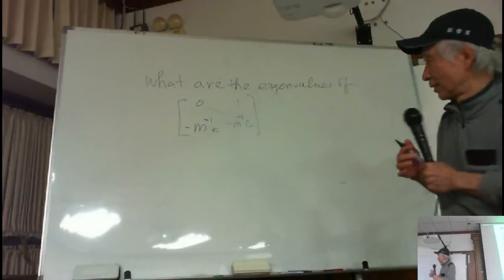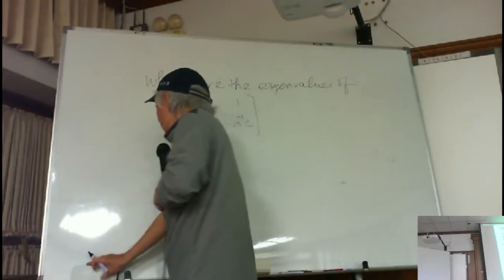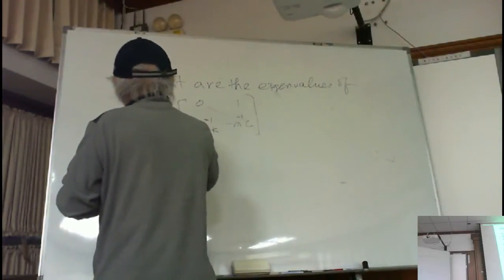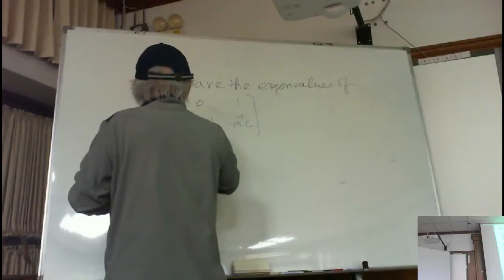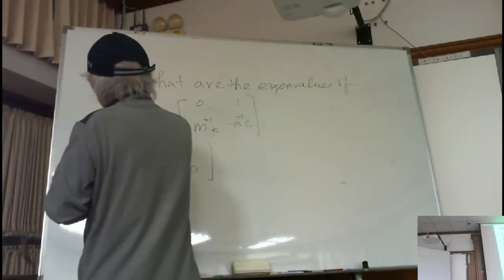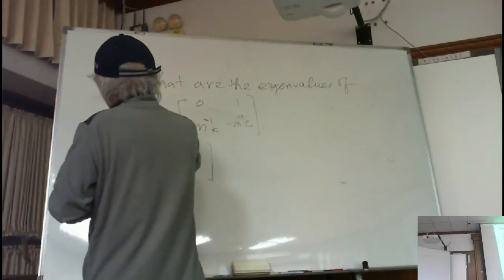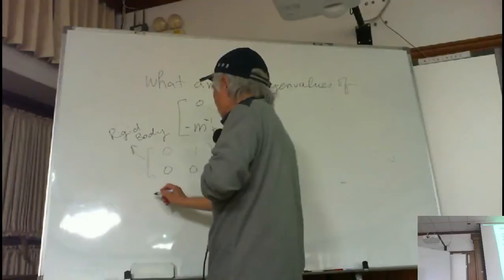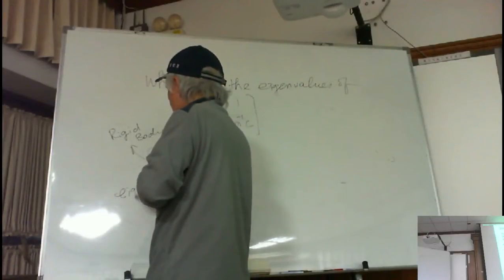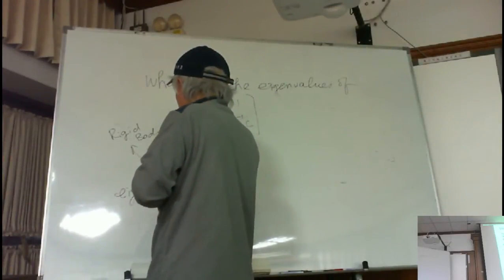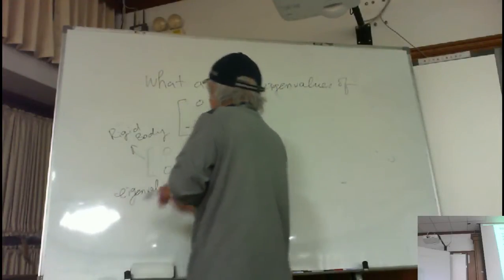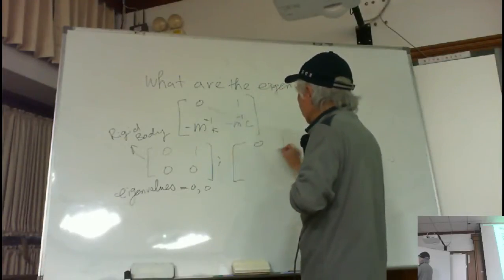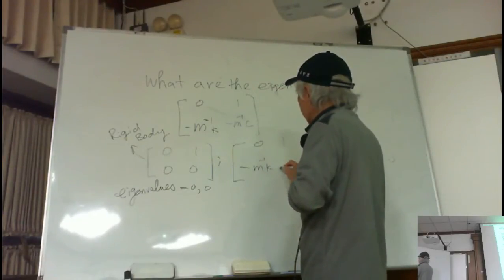Now this is the third matrix we talk about. The first one, 0, 1, 0, 0, that's the rigid body. The eigenvalues are 0, 0. And the second one, we have 0, 1, minus m inverse k, 0.